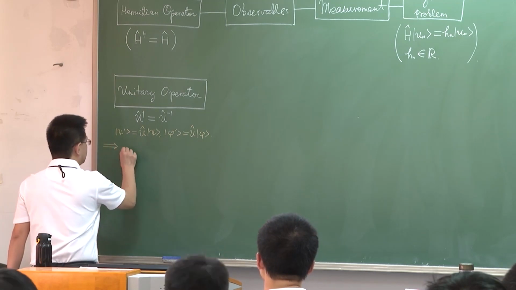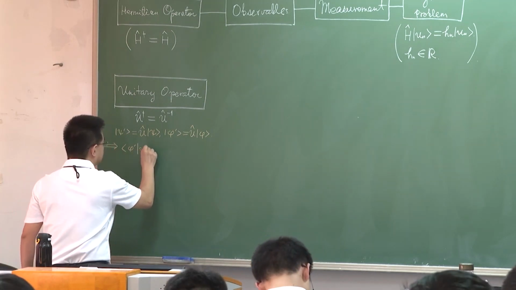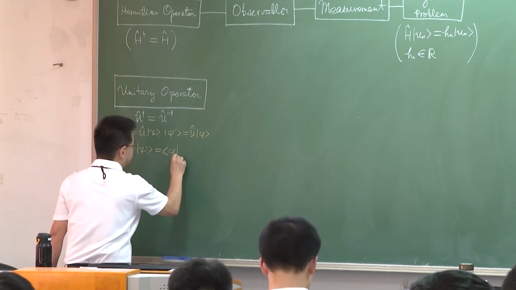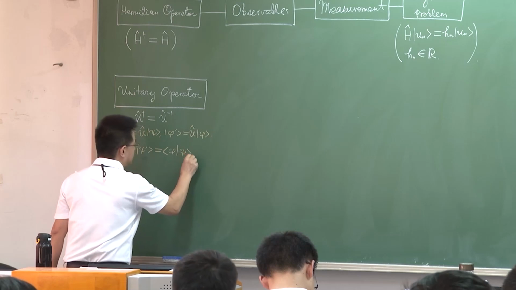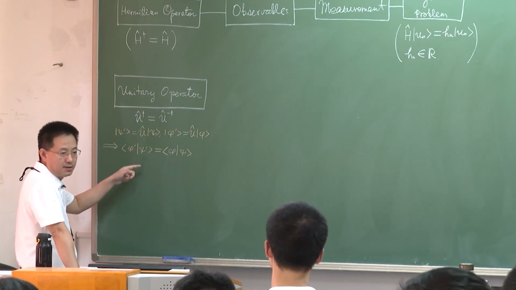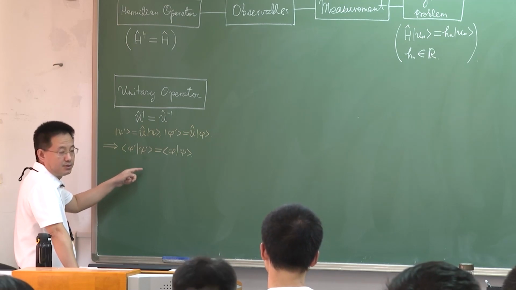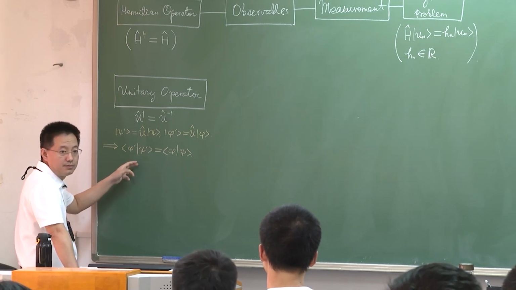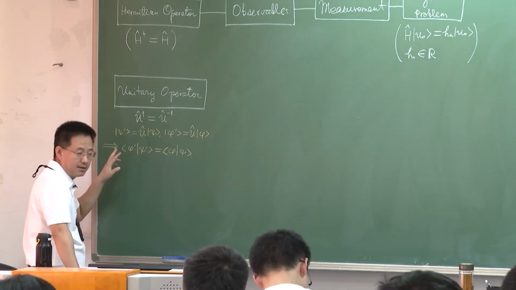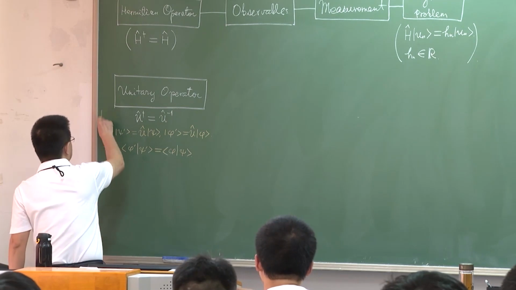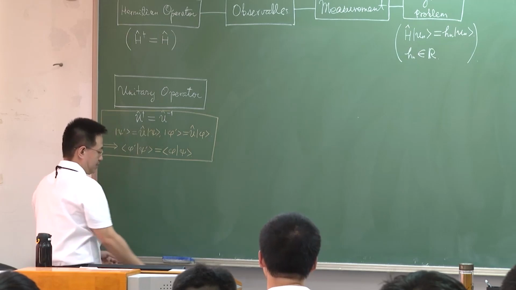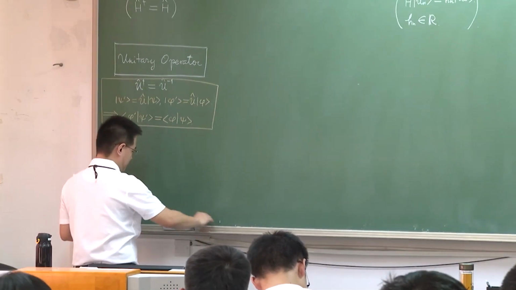So that is, the inner product of phi prime and psi prime is equal to that of phi and psi. That means this transformation preserves the inner product. The inner product of arbitrary two state vectors in a Hilbert space is preserved, kept invariant. So this is very important for the unitary operator.